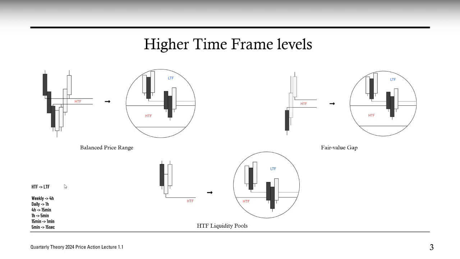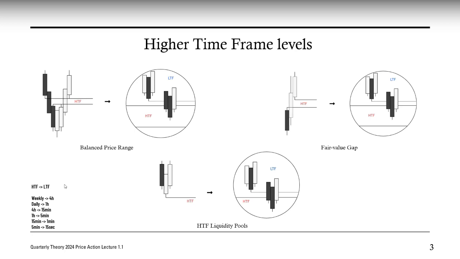When price breaches a lower time frame low and then breaches the higher time frame low, that's when you will find a setup, right? So in bullish markets, you need a lower time frame low to be breached before reacting to your higher time frame liquidity pools.